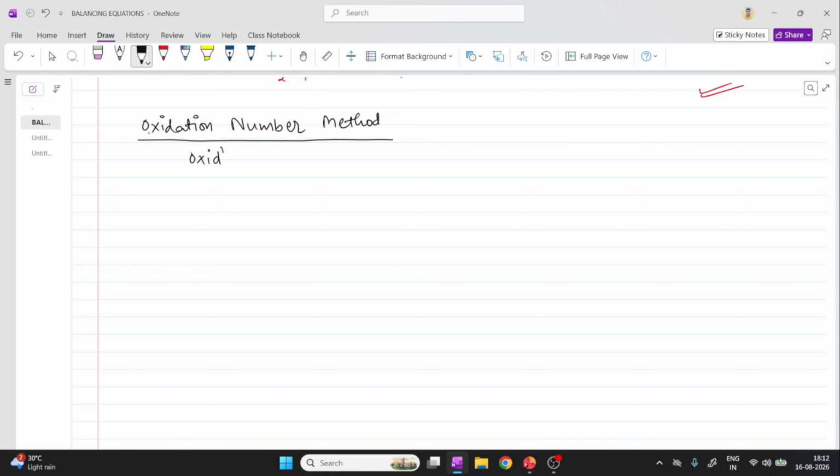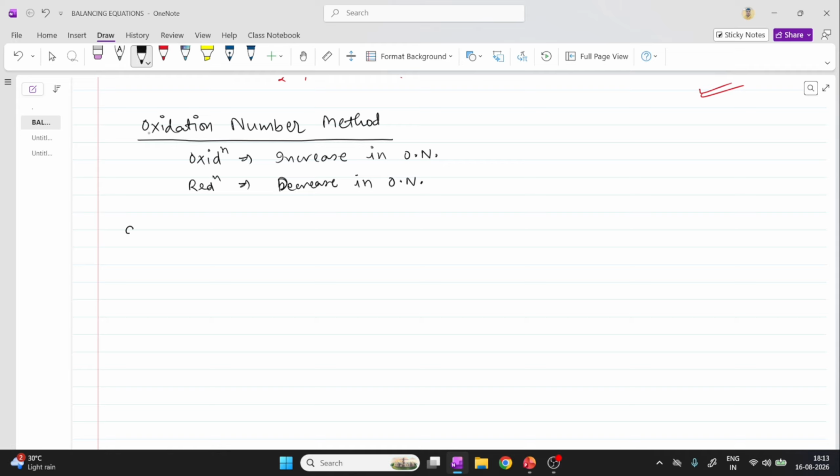Oxidation is what? Increase in oxidation number. And reduction is decrease in oxidation number. So let us take one example directly.